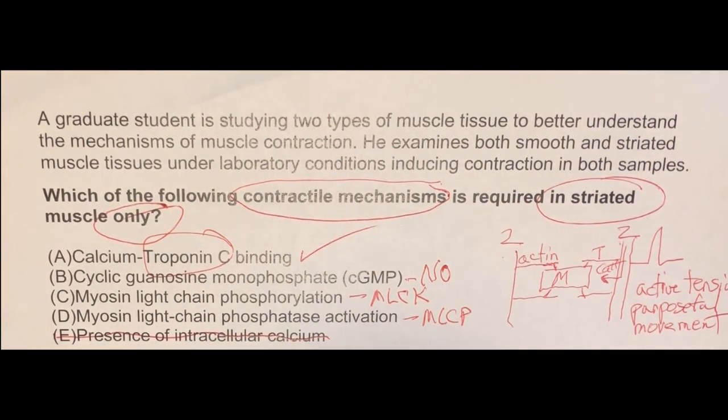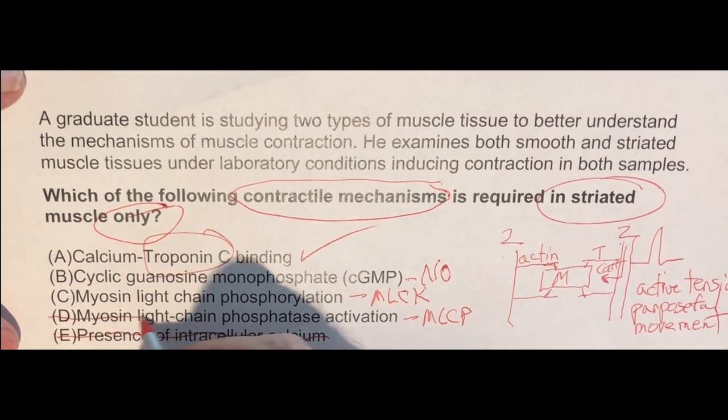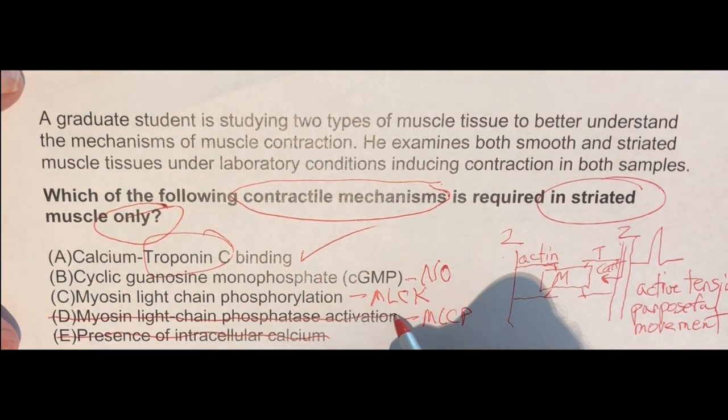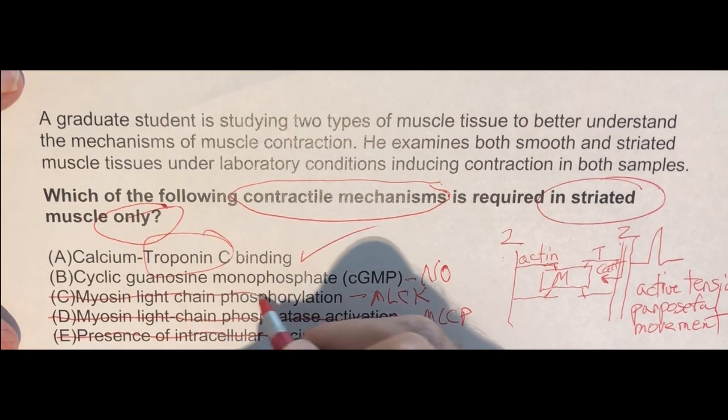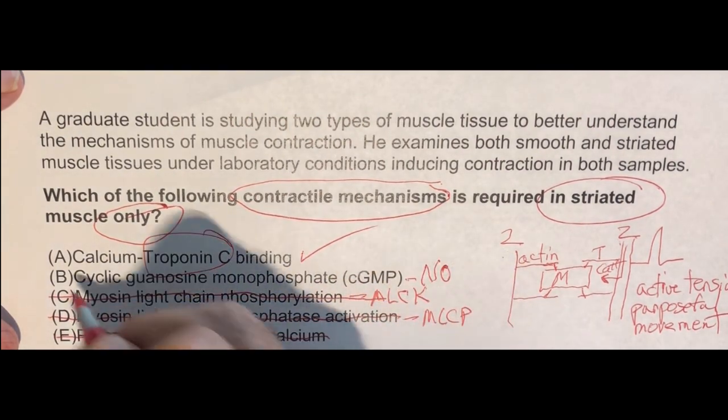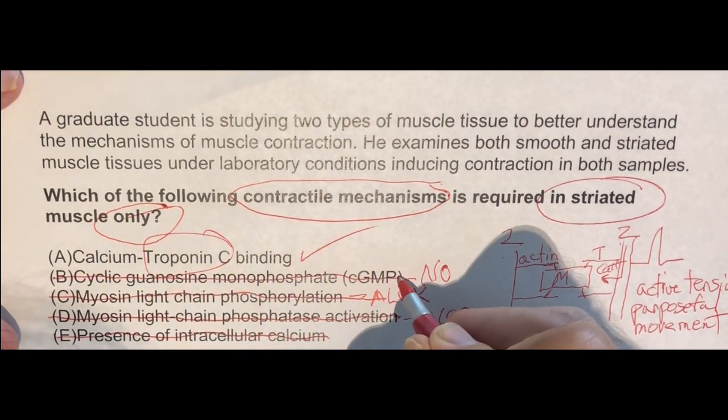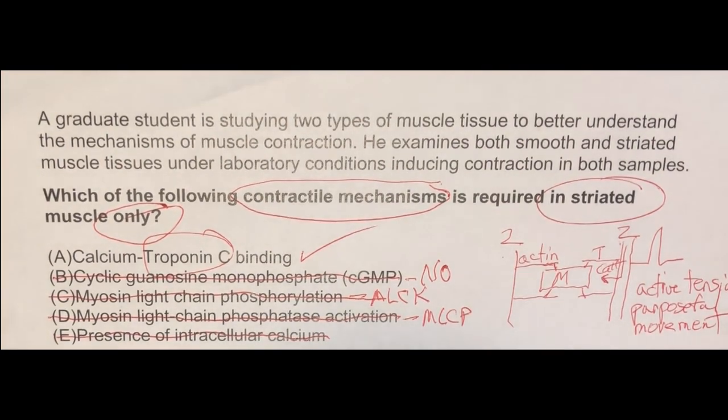Myosin light chain kinase initiates contraction of smooth muscle. Myosin light chain phosphatase initiates relaxation of smooth muscle. So we can eliminate B, C, and D, and it seems like A has to be the only appropriate and best answer.